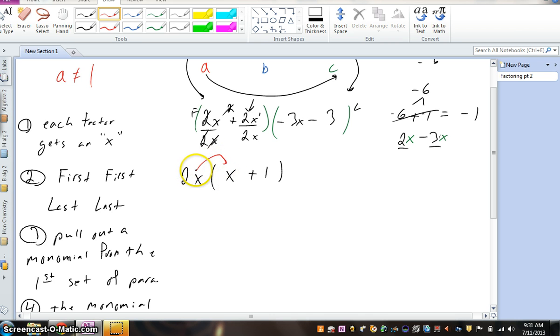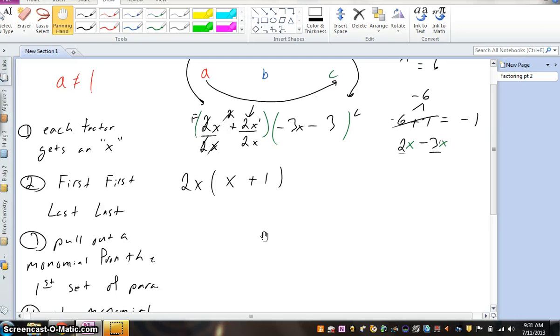If you were to distribute 2x to that x plus 1 again, you'd end right back where you started, okay, 2x squared plus 2x. All right, so again, that's why math isn't magic. You can't just make stuff disappear, all right? You've got to account for everything you divide out. So that's why we put it in front of the parentheses. Now, here's the nice part, okay? And this is something else that you'll remember as we go through the year, because I'm going to say it a bunch, all right?